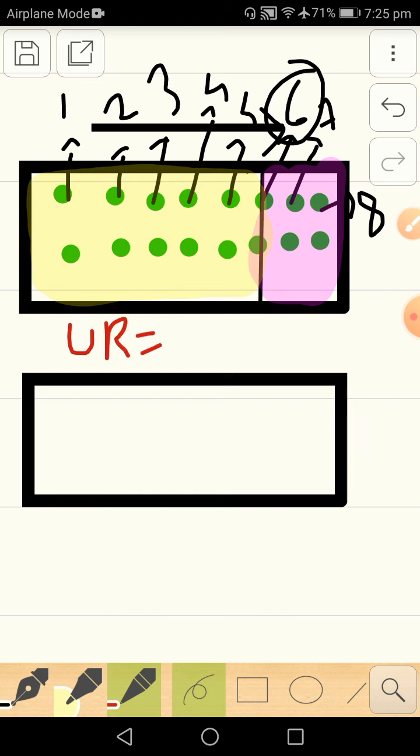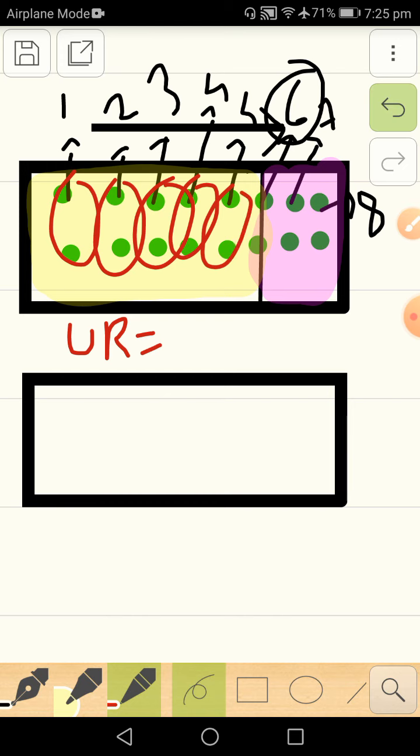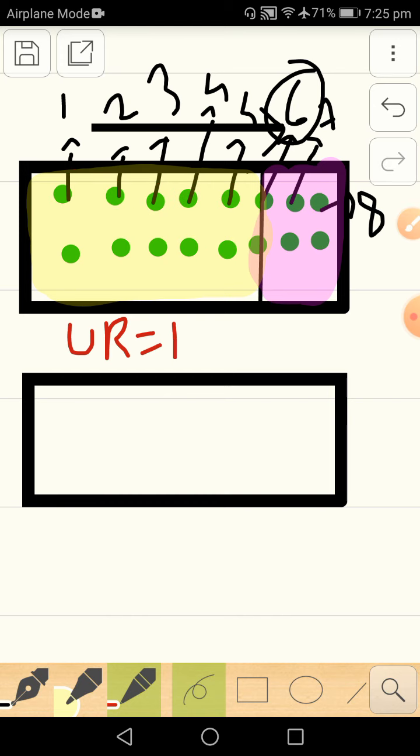We have 1, 2, 3, okay, 2, 4, 6, 8, 10. So we have 10 unreactive particles. And how many reactive particles are here? 2, 4, 6. So we have 6 reactive particles.